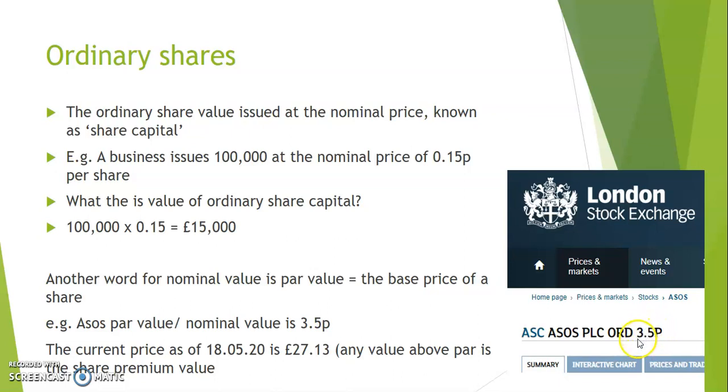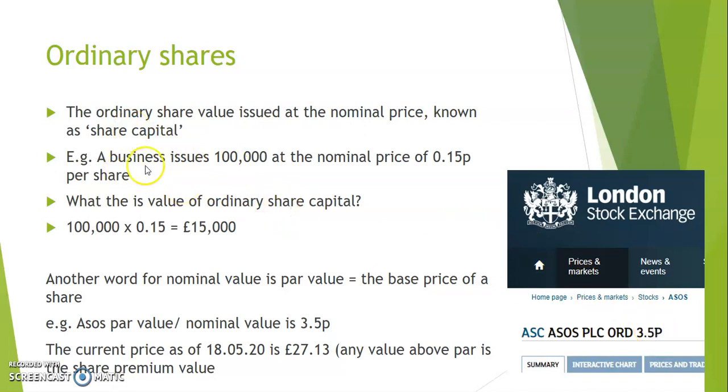Every 3.5p of a share will go into the category called share capital. So imagine ASOS, if they sold shares at 5p, the 3.5p for every share will go into the pool, which is known as share capital, and the extra 1.5p will go somewhere else. And I'll talk you through that in a moment.